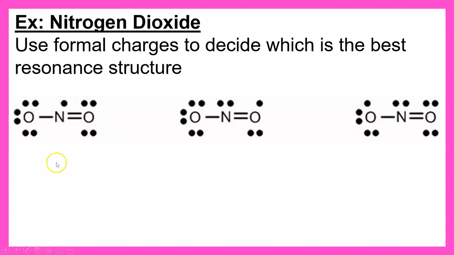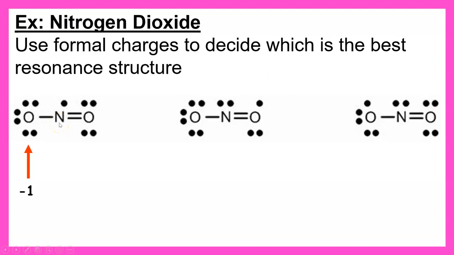All right, let's start on the left. We have a single bonded oxygen. So it has 6 valence electrons normally, and I'm going to see 6 here, and there's a single bond, so oxygen gets one more. So 6 minus 6 minus 1 gives me a -1.